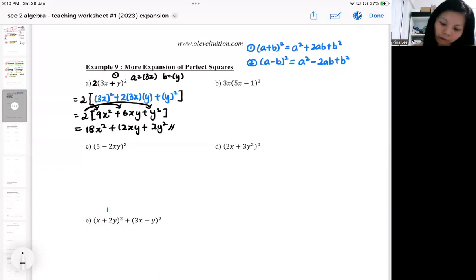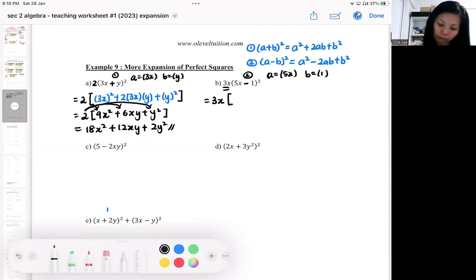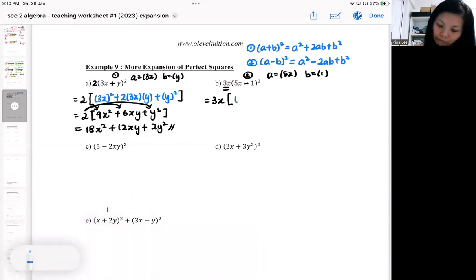In part B, there is an algebra outside formula 2. Can you see that is formula 2? So formula 2, your A is 5x, your B is 1. So you ignore the algebra first. You ignore the algebra, you do formula 2 inside the bracket.